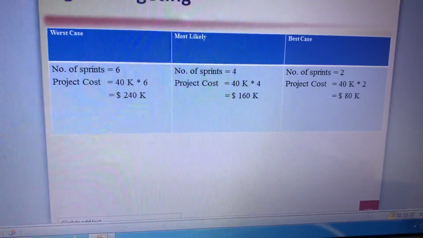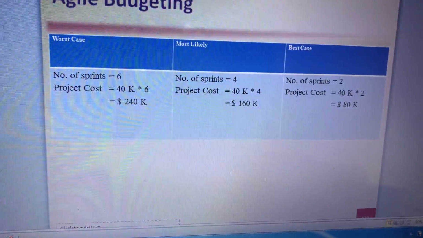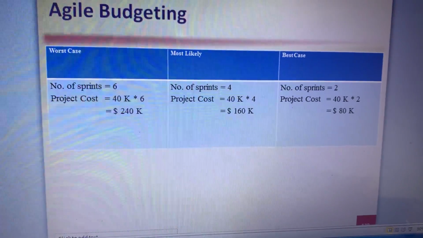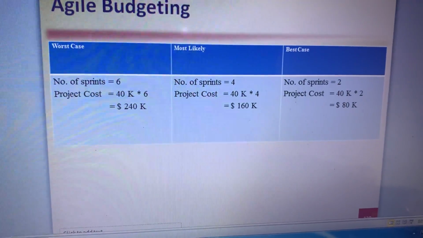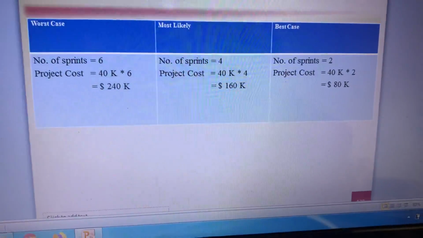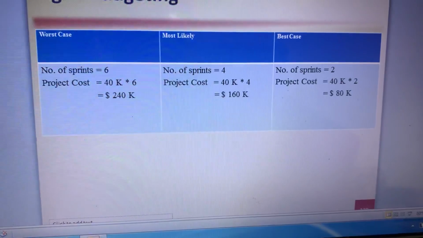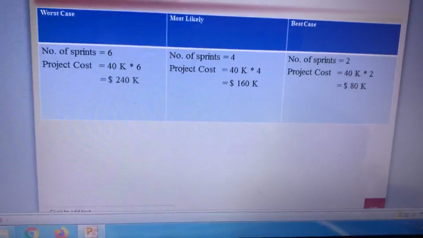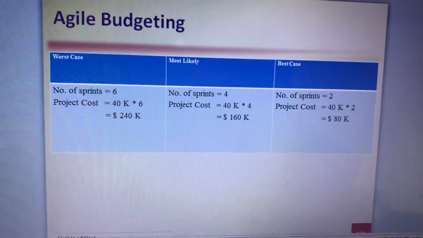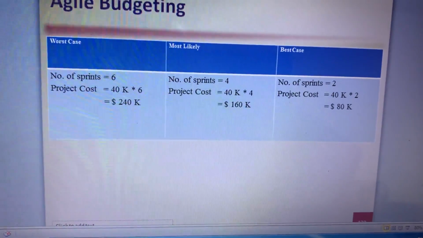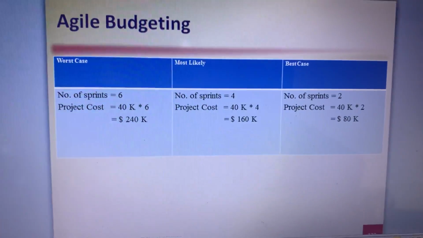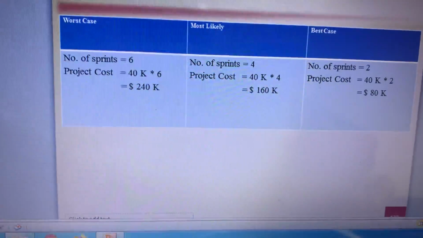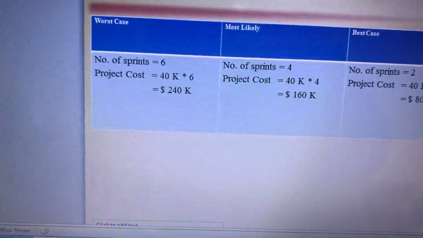So the number of sprints for worst case is 6, most likely 4, and best case 2. So then you have EC: O plus 4 into R plus P divided by 6. So you have the average estimated cost for the agile projects. That's all the cost estimation techniques we covered. Thank you very much. Jazakallah khair.